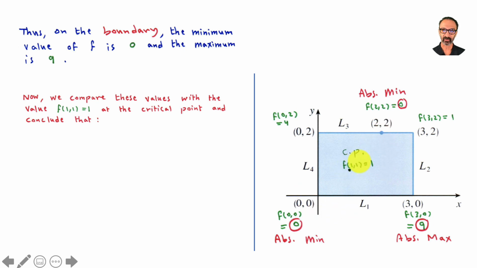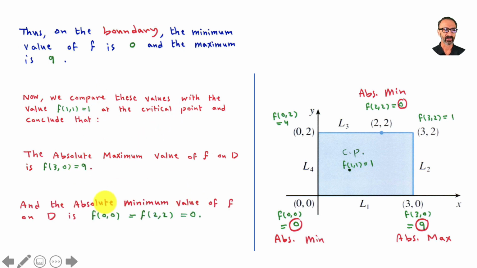So we take the critical points, we test the boundary lines, and we move on from there. The absolute maximum value of f on D is f of 3, 0, which is 9, and the absolute minimum value of f on D is f of 0, 0, which is also f of 2, 2, and the value is 0.